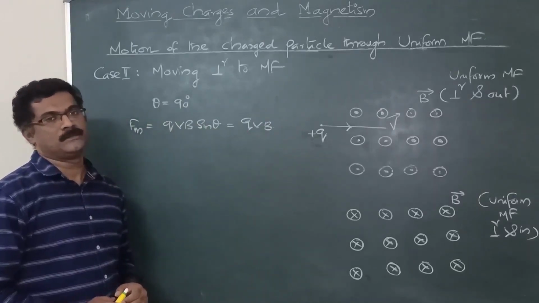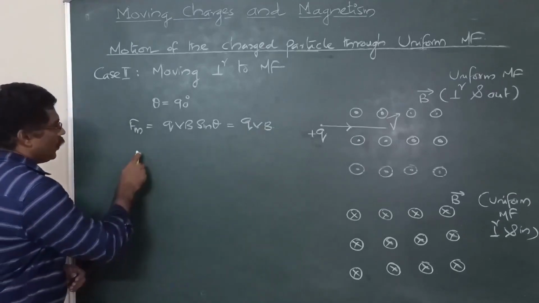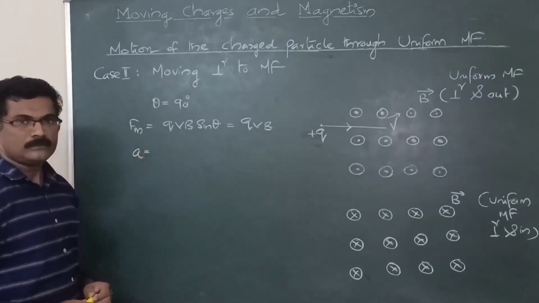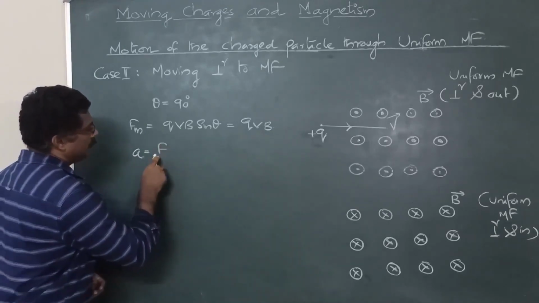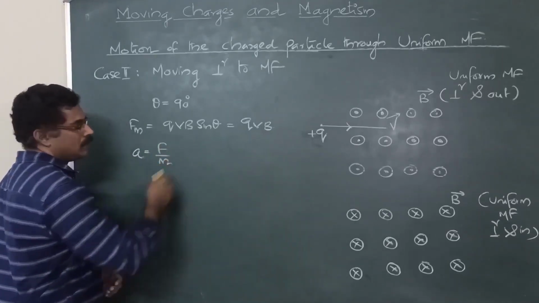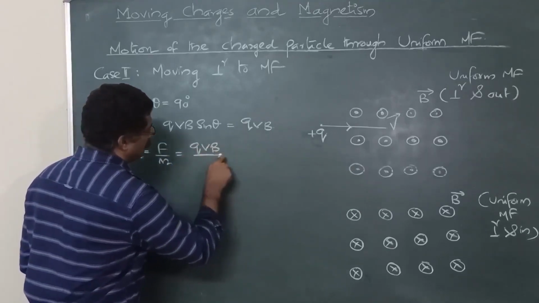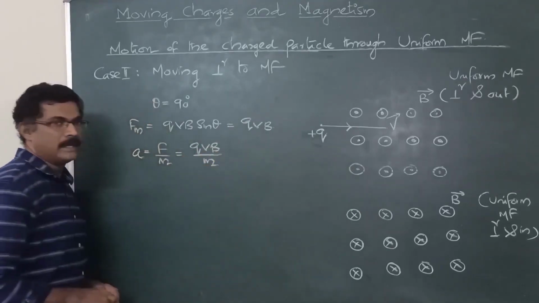First question. Second one, what is the acceleration of the particle? We know the acceleration is given by force by mass. Here the force is qvb, so the acceleration of the particle is qvb divided by m.